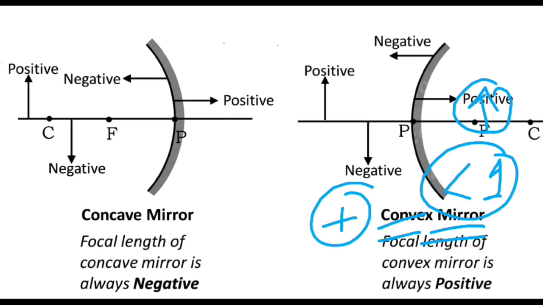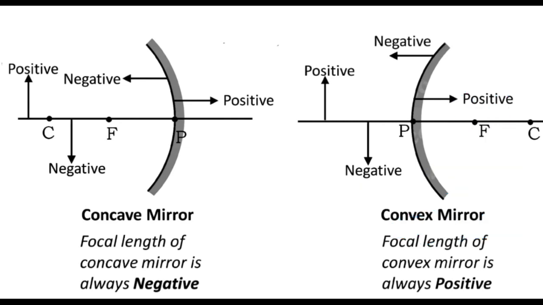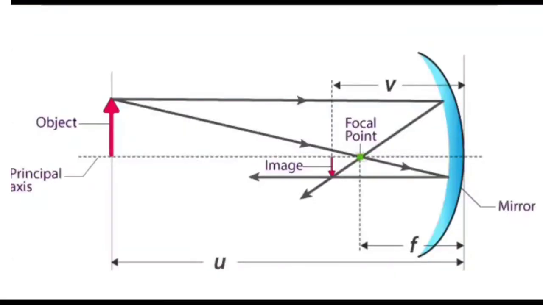To understand this, or to use this, let's see an example. Now we are considering a concave mirror here. This is a concave mirror, this is the front surface, this is the rough surface. In this mirror we are putting an object.